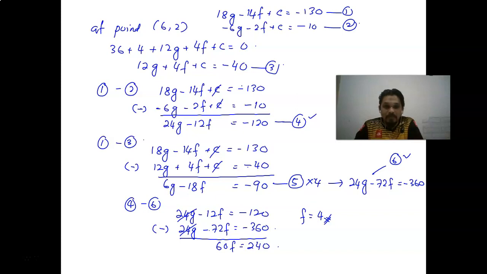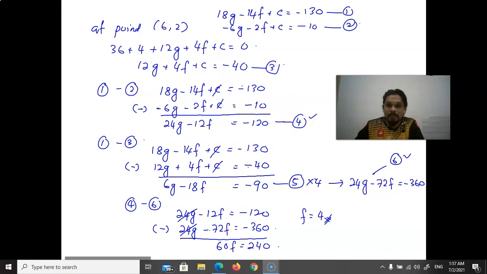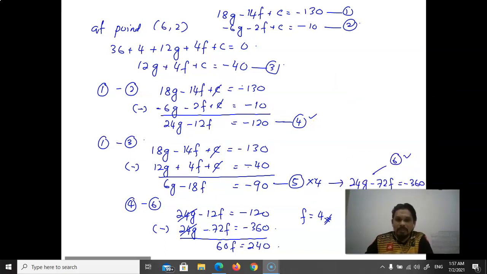Once we find the value of f equals 4, I'm not going to spend another slide on this, since we can simply solve it here. But class, in the final examination, please don't put all the working solutions in one page.